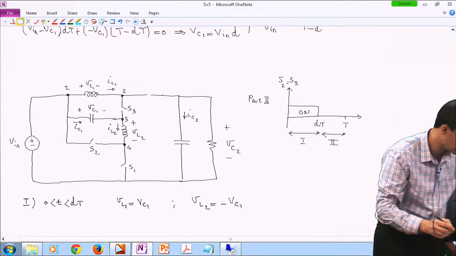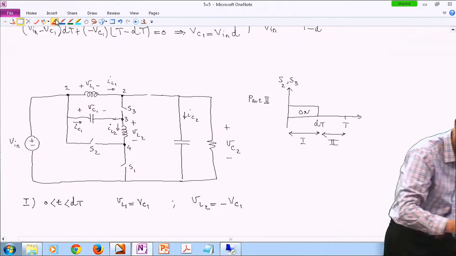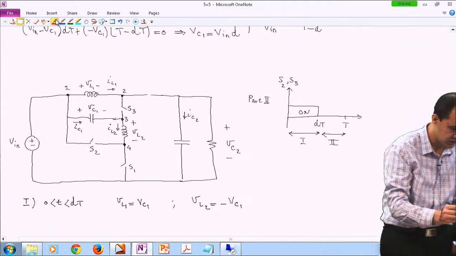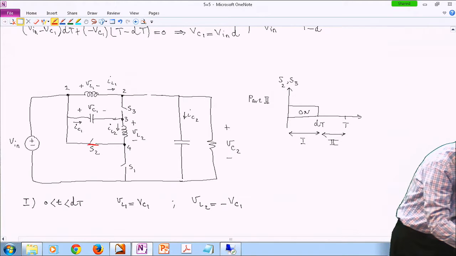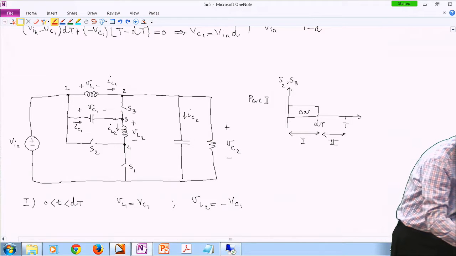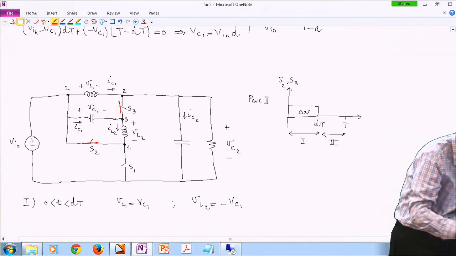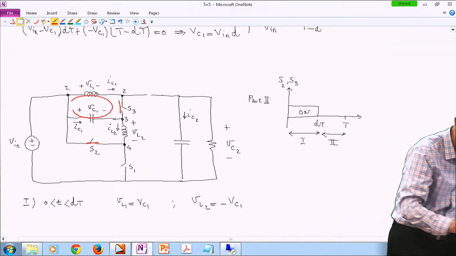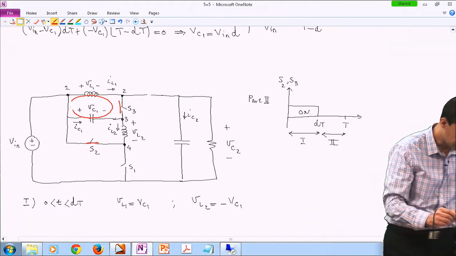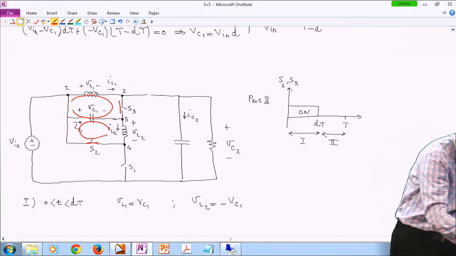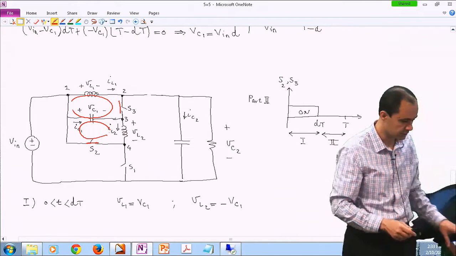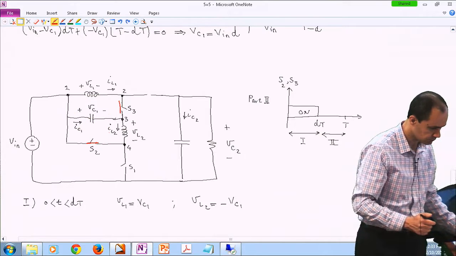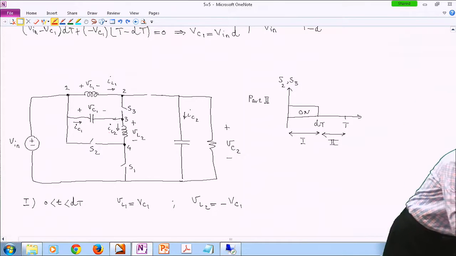So why is that? S2 is on, S3 is on. So VL1 is VC1, and VL2 is the opposite of VC1, negative VC1.